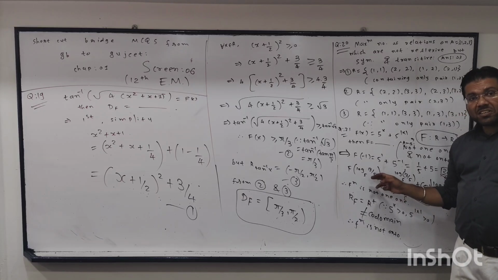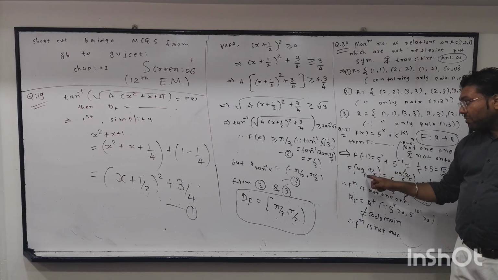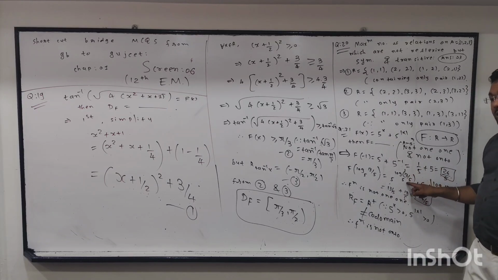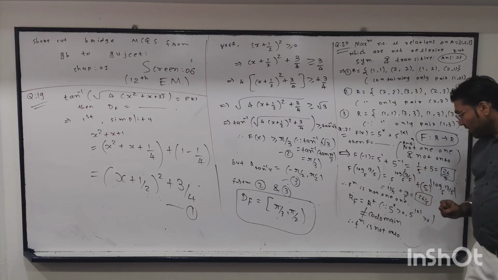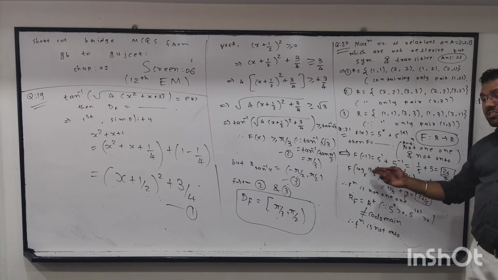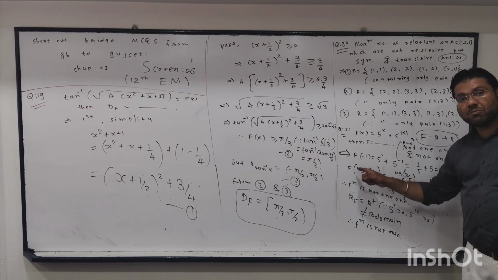If I replace x by a logarithmic term, f of log 13 by 5 base 5, so 5 raised to log 13 by 5 base 5, as per the property, will become 13 by 5, and this term will also be 13 by 5 by property. So again you are getting 26 by 5 as the answer of f of log 13 by 5 base 5.